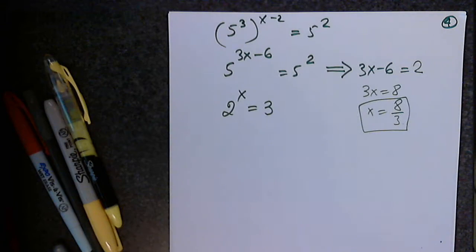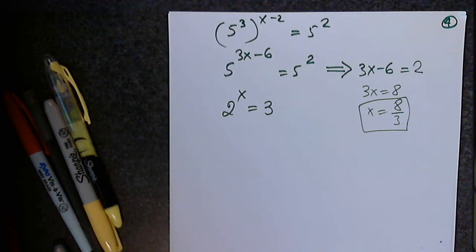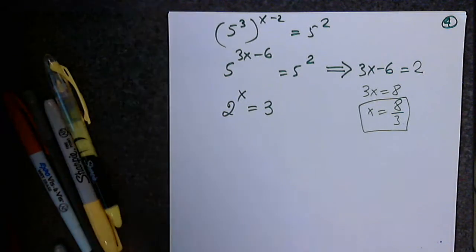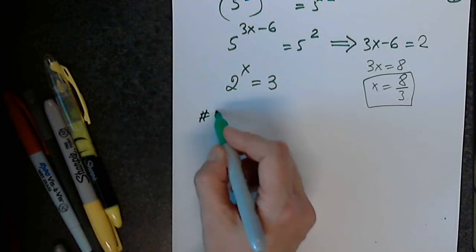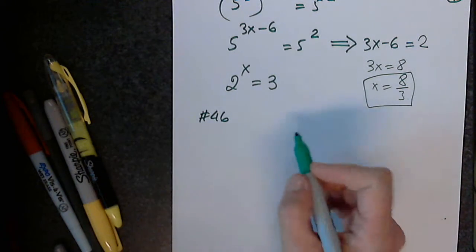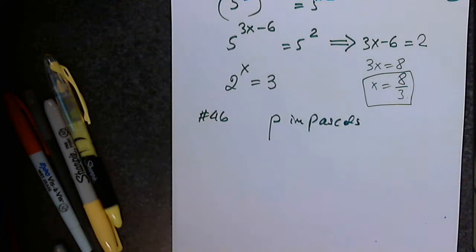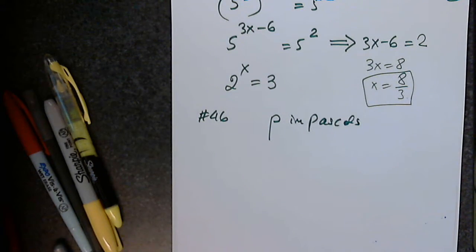Do not ever be afraid of word problems using exponential functions. They are very easy, especially in this course. Okay, I'm going to start with problem 46, which caught my eye. The atmospheric pressure, P, in pascals, that's the measurement unit for pressure, on a weather balloon decreases with increasing height.